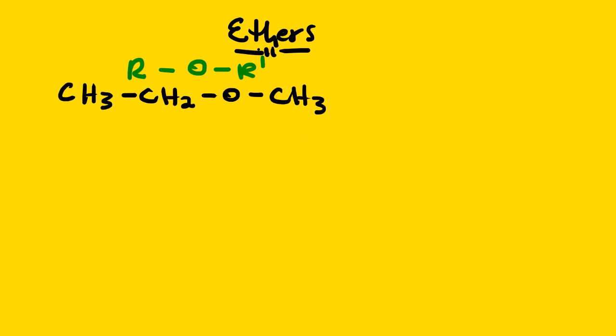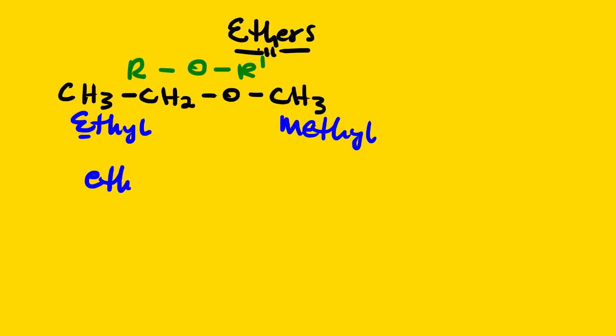So this will be our substituent, and then this shall be our parent chain. For the common name, on the left hand side we have ethyl, on the right hand side we have methyl. Then this is our name. We follow alphabetical order. E comes first compared to M, so it's ethyl, methyl, and then the ending name will be ether.